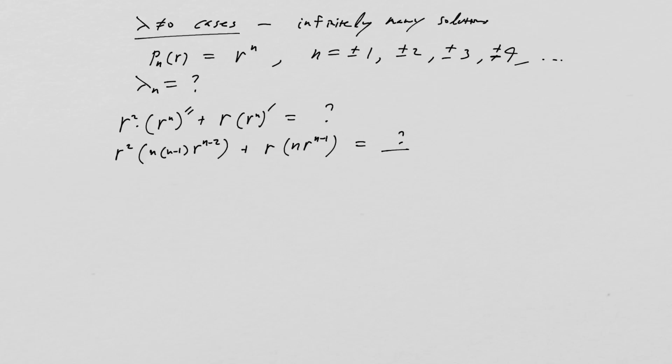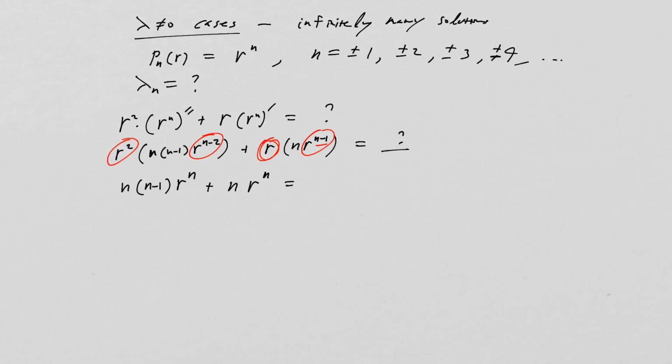Let's sort it out. You notice here that we're missing 2 in our exponent, but we're able to complete it with the other one. So we have an n times n minus 1 times r to the n power again, plus n, and we have the same phenomenon here where we're down a power, but we're able to supplement that with the coefficient r to the n there.